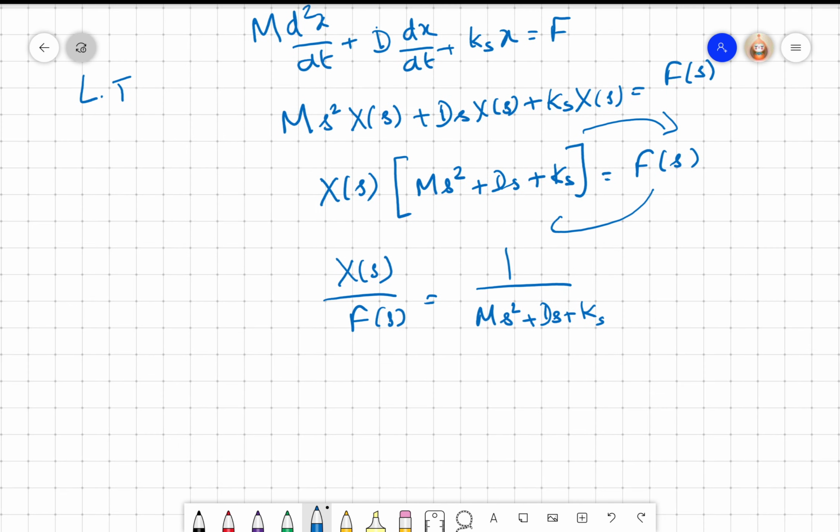We say x is the displacement of the mass when I apply a force F. So F is the input, and displacement is the output for the mechanical system. In that case, this is output by input in the Laplace domain. We call this a transfer function.